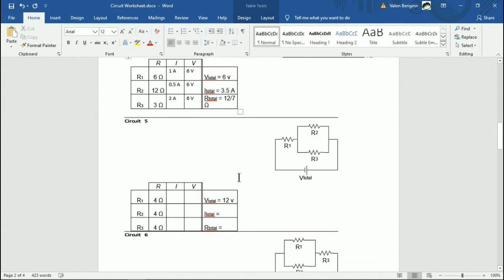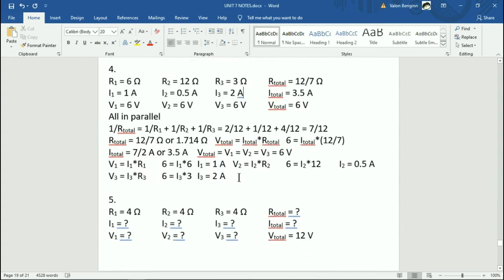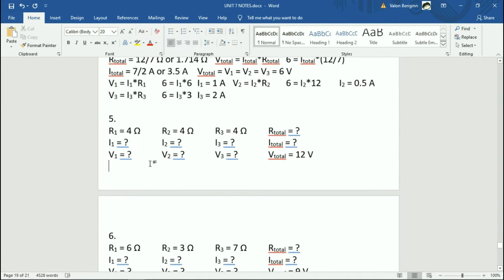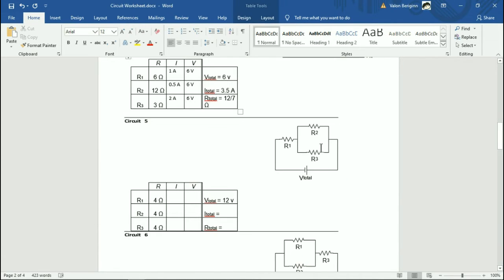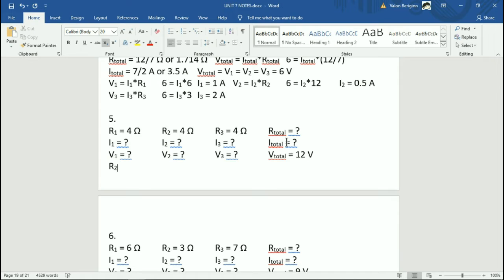All right, now we get to the more complex ones. So circuit 5. Let's see what we got here. R2 and R3 are in parallel with each other, and then together are in series with R1.